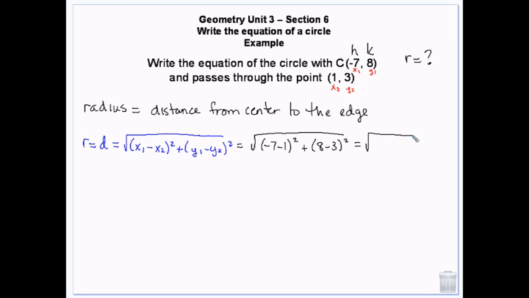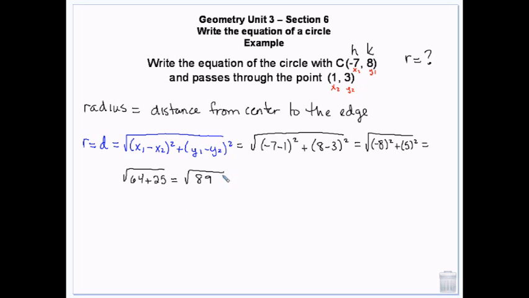So that gives us the square root of negative 8 squared plus 5 squared, which gives us the square root of 64 plus 25, which gives us the square root of 89.